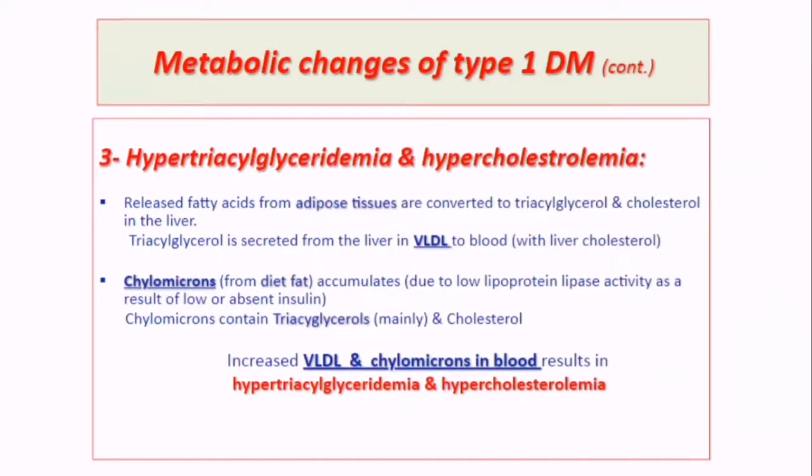So, metabolic changes of type 1. In continuation of what we have seen, there is also hypertriglyceridemia. Not all of the fatty acids flooding the liver can be disposed of through oxidation, isn't it?